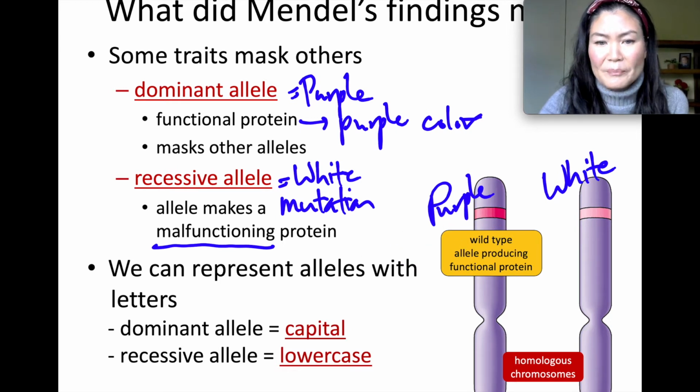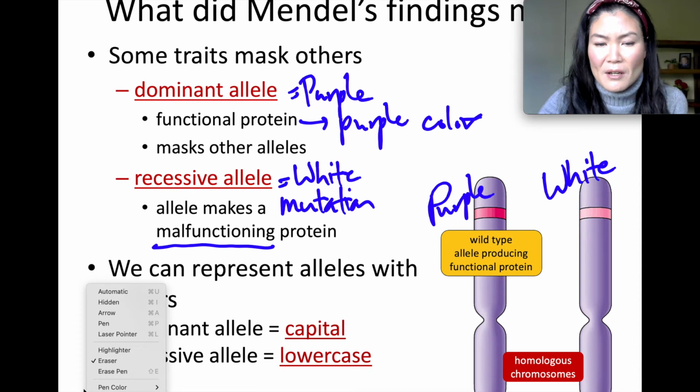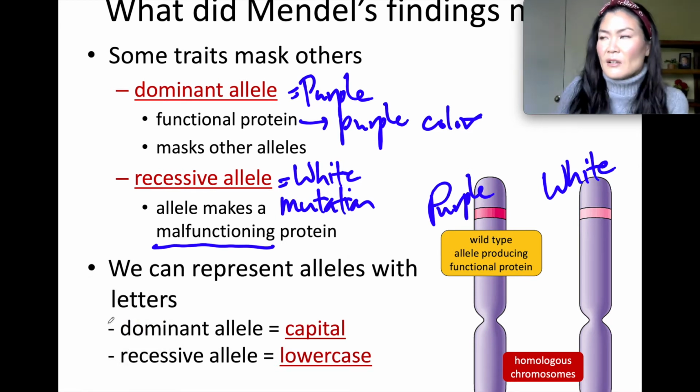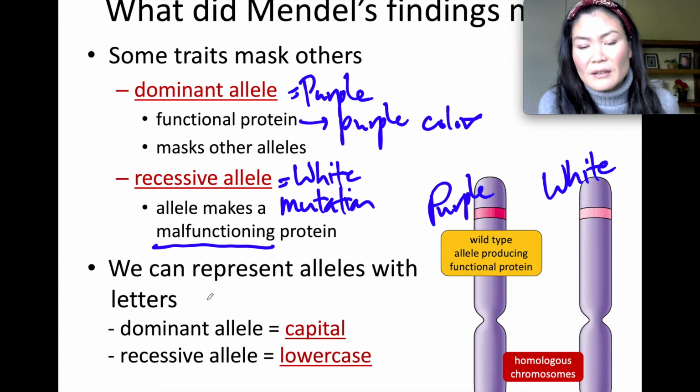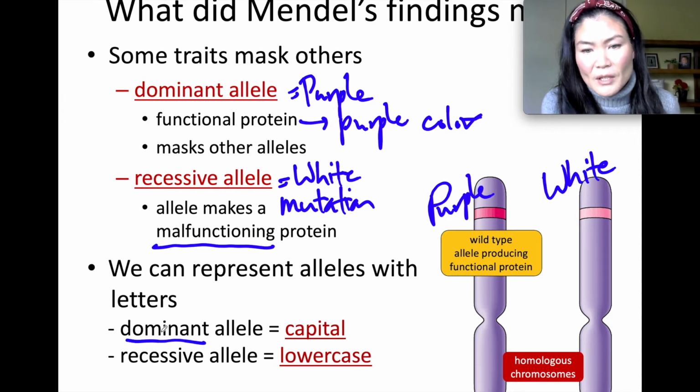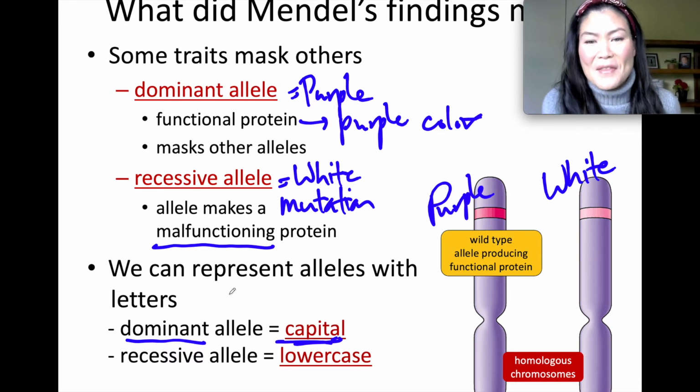If you know what the parents are in terms of the genetics, you can do Punnett squares to figure out the probability of the parents having an offspring that's going to be purple or white. So we're going to use letters to represent the alleles. For the dominant allele, we're going to take the capital of the first letter, and that's going to be the symbol for the dominant allele.